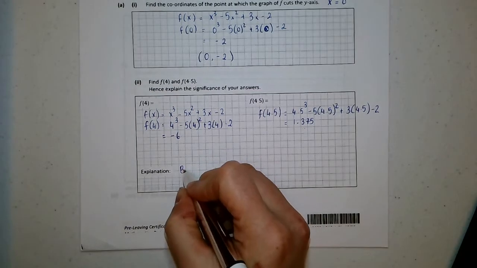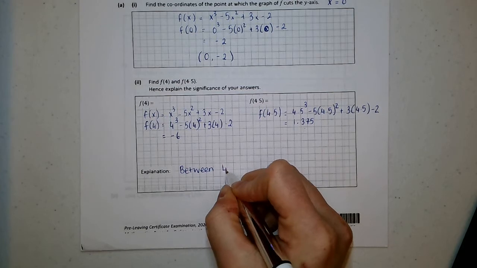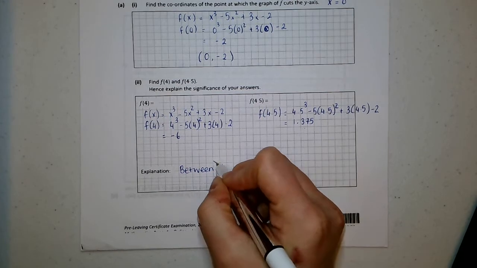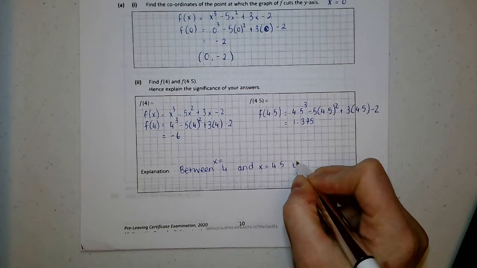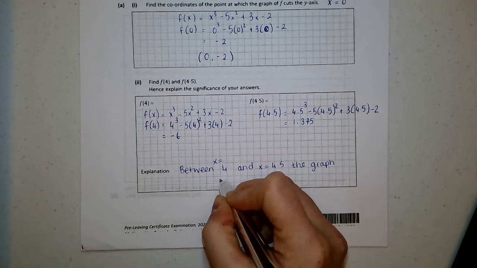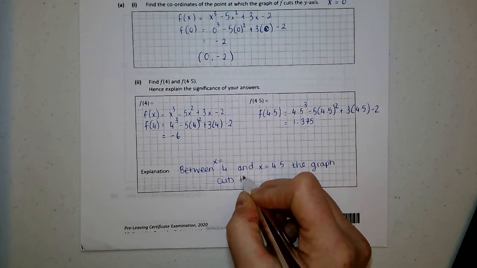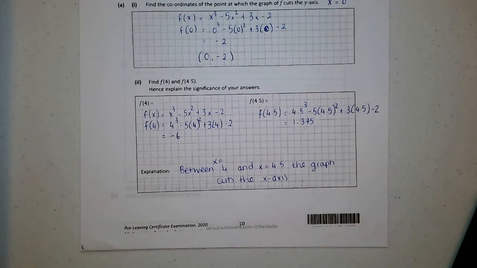Okay, so between x equals 4 and x equals 4.5, the graph cuts the x-axis, or we can find the x-intercept between those 2 points.